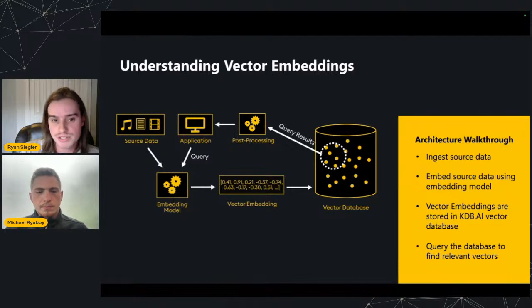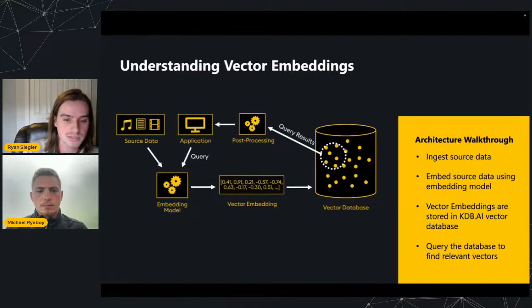How we would set this up in the first place is that we have source data that we're interested in storing within our vector database. This could be documents, videos, images, really whatever data you're interested in. You can run that data through an embedding model, and the embedding model will output a vector embedding, which is just a numerical representation of the original data.